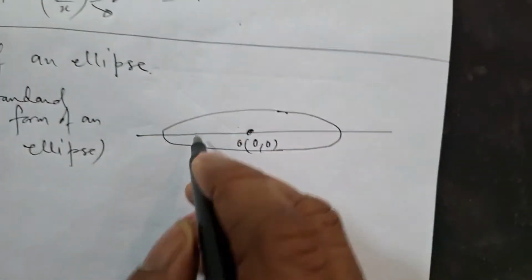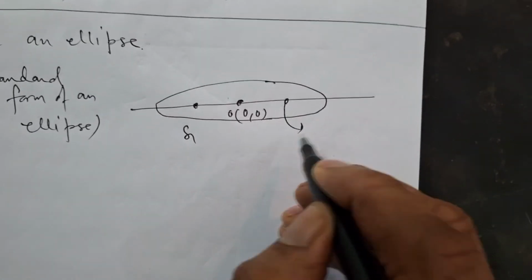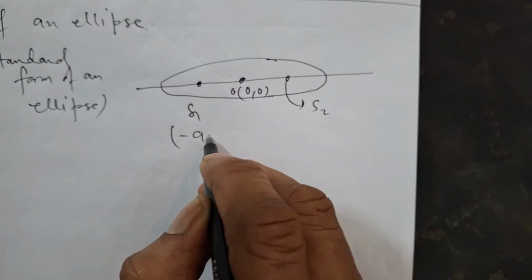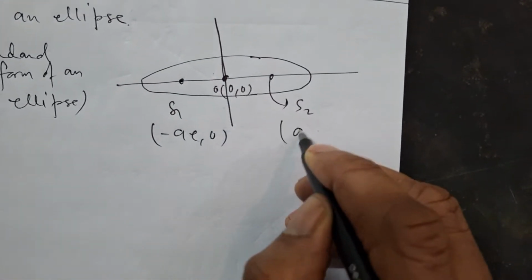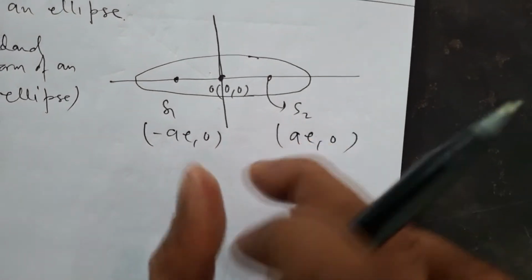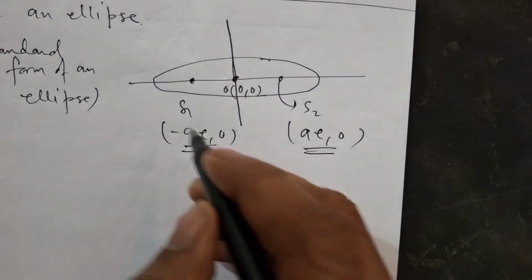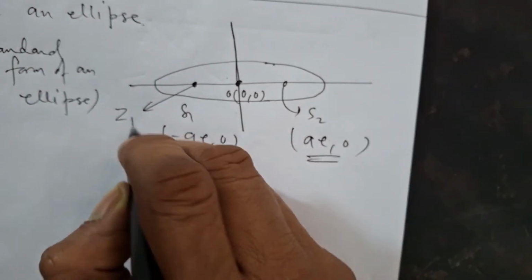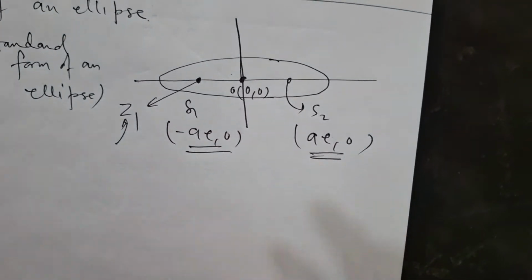Okay, so please take one focus S1 and the other focus S2. You know this coordinate is minus ae, dear genius, and this one is ae. But you need to put this value in the form of a complex number. So that's why we write Z1, because Z1 involves both X and Y coordinates.